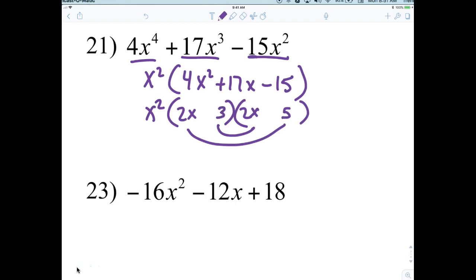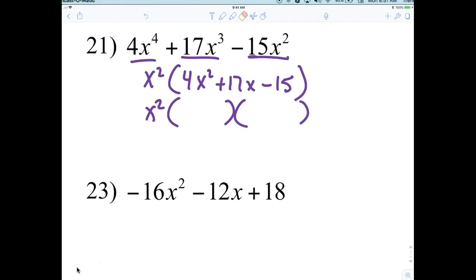Does that work? No. Does everybody agree? We could try 15 and 1, but that doesn't really work, right? Because 15 times 2 would be 30. All right, too much.